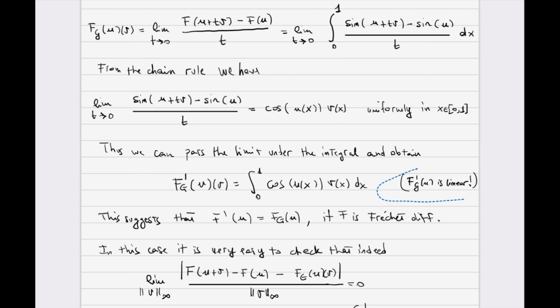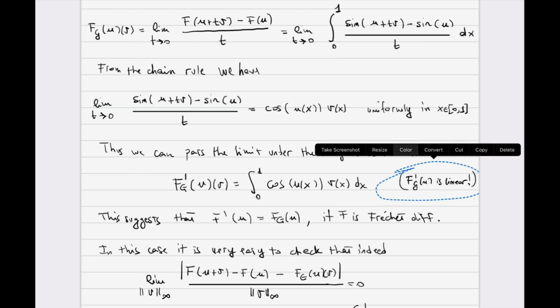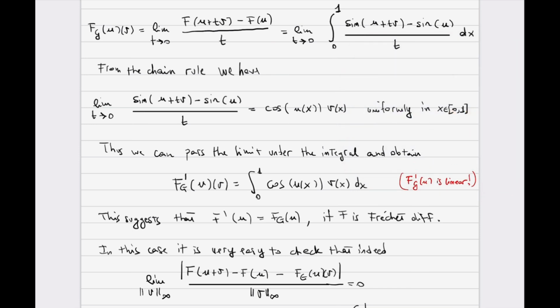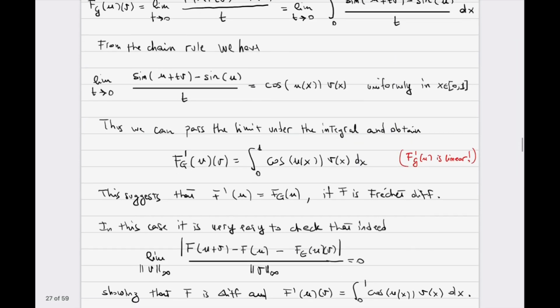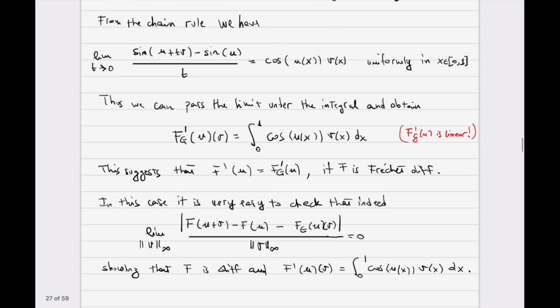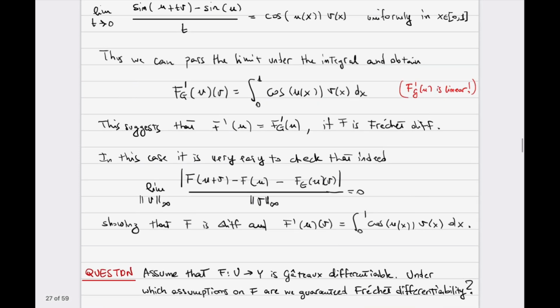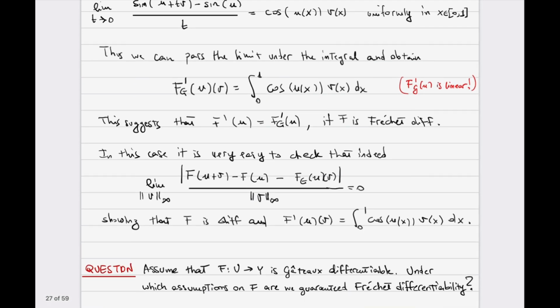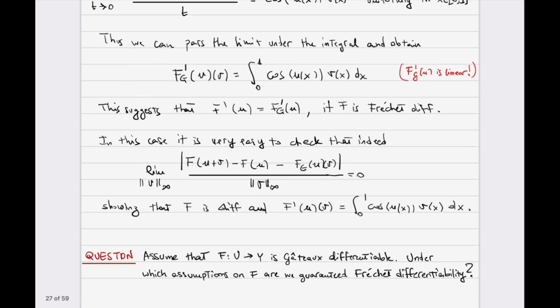I mean, it shouldn't be a surprise. So this suggests that the Fréchet derivative has to be the same as the Gâteaux derivative if f is Fréchet differentiable. And so let's just check. Actually, I won't check it, but it is easy to check that this is true.